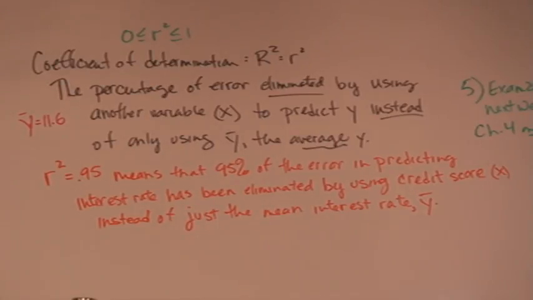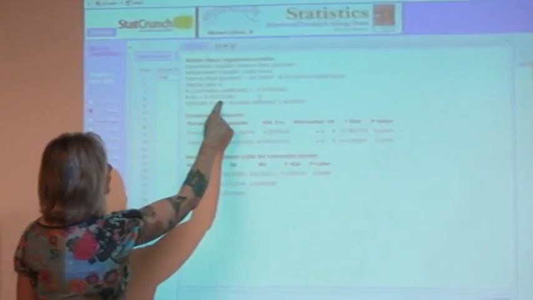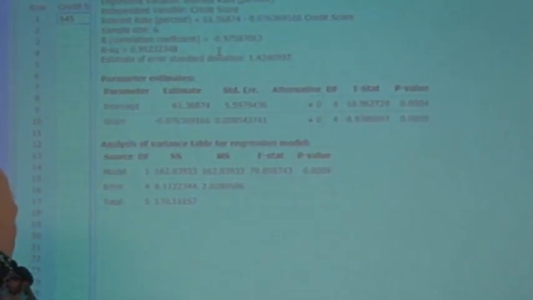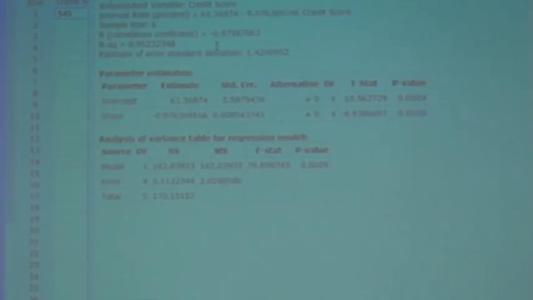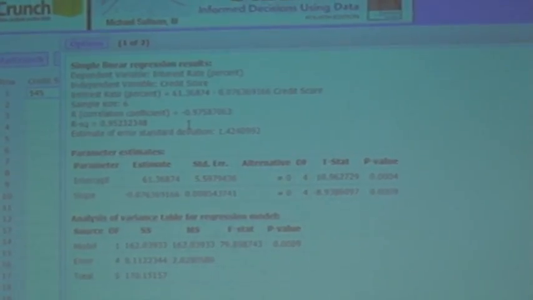Remember, the SS error is your sum of squared residuals, okay? Slope and intercept, coefficient of determination, correlation coefficient. So you've got a lot of good stuff there, and a lot of other stuff that we don't need. That would be your next class.